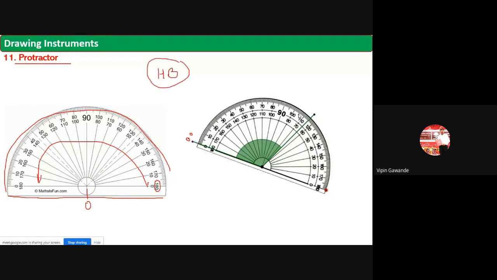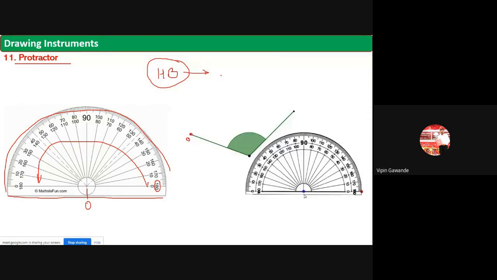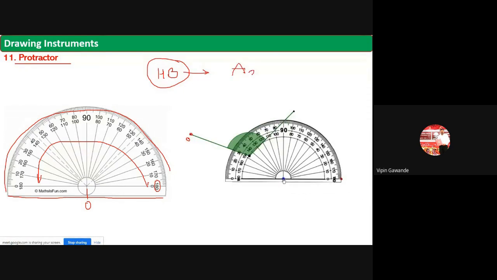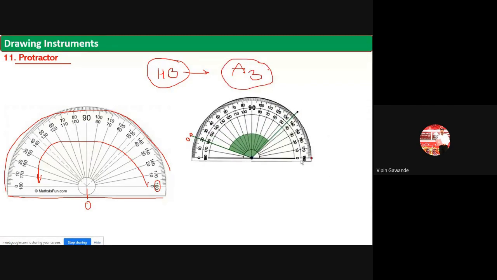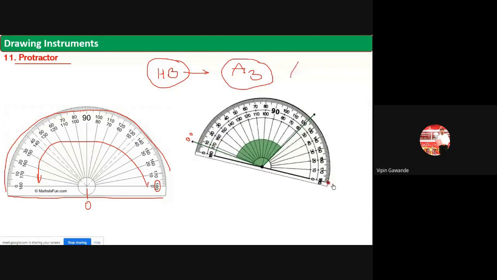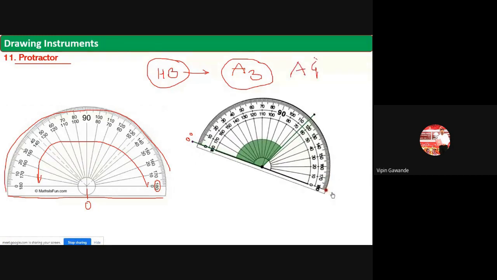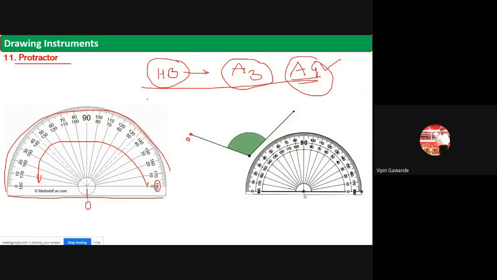We use that HB pencil for construction. If the A3 size workbook is not available, go for only A4 size paper. You purchase blank A4 size paper, and we'll construct the initial things on the A4 size paper.